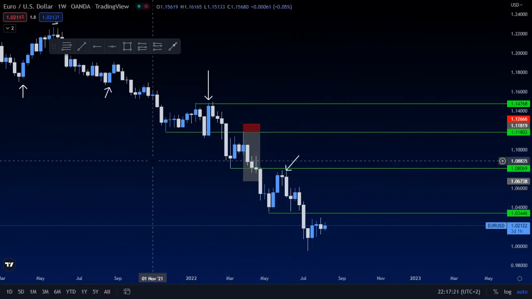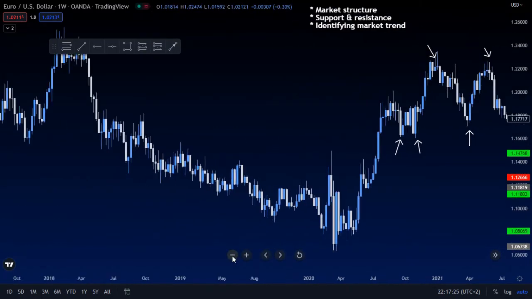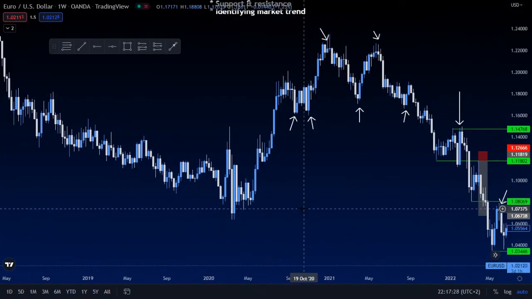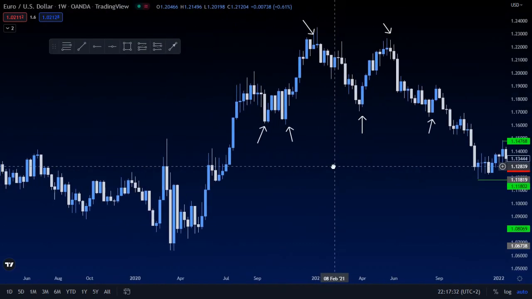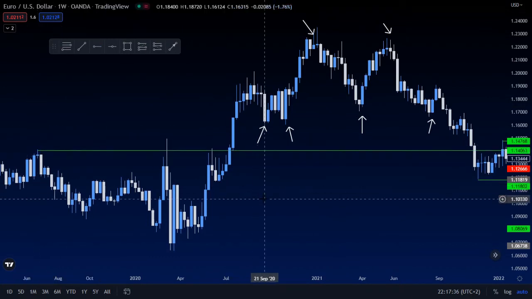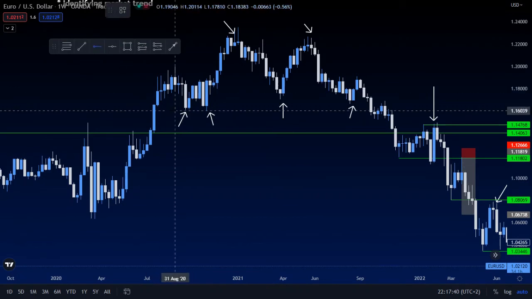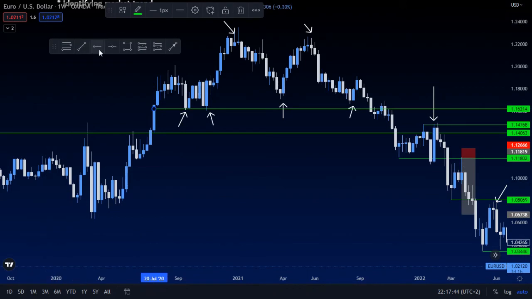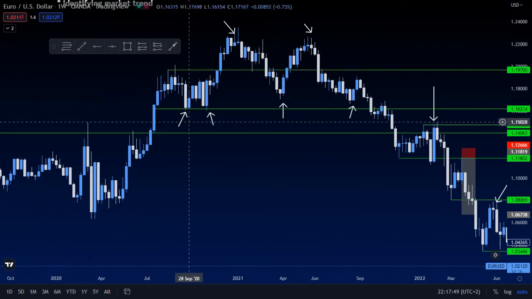In a buy situation, we would need the market to give us some sort of support level where we could look to buy the market. So, for instance, the market created a support level there and it created a resistance level here.